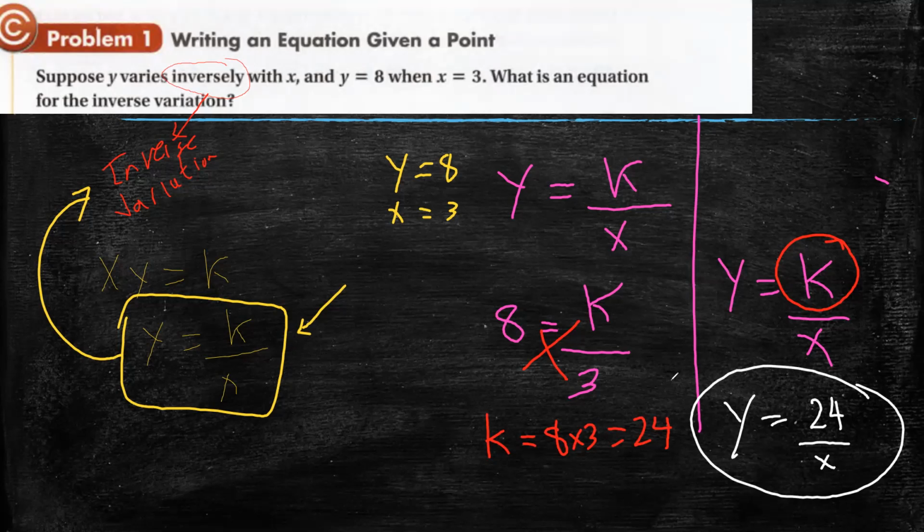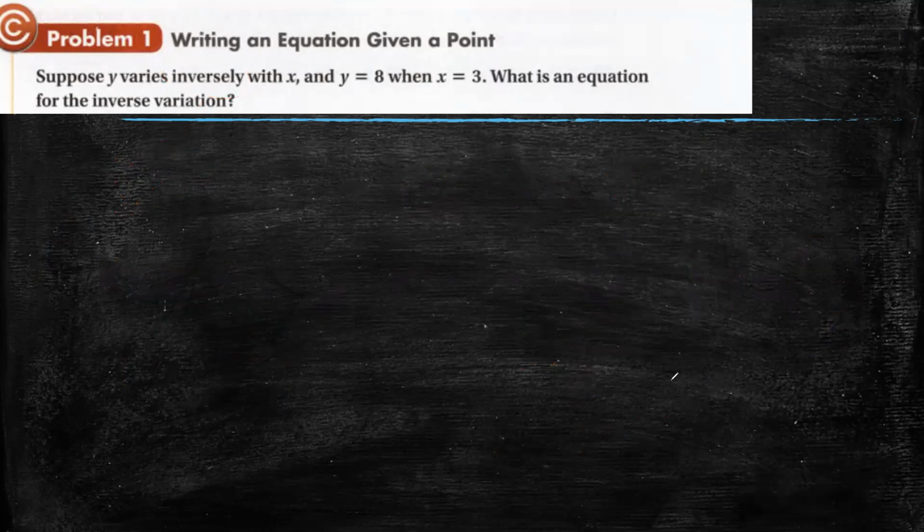Is it clear? Not that much, teacher. How did you find k? Yes, by cross product. Let's repeat it now. What is the equation? I will repeat. Suppose y varies inversely with x.